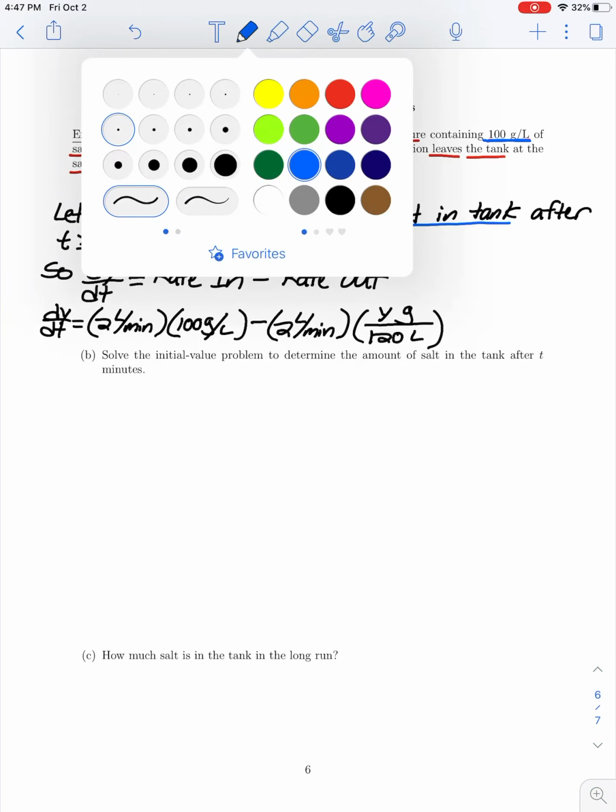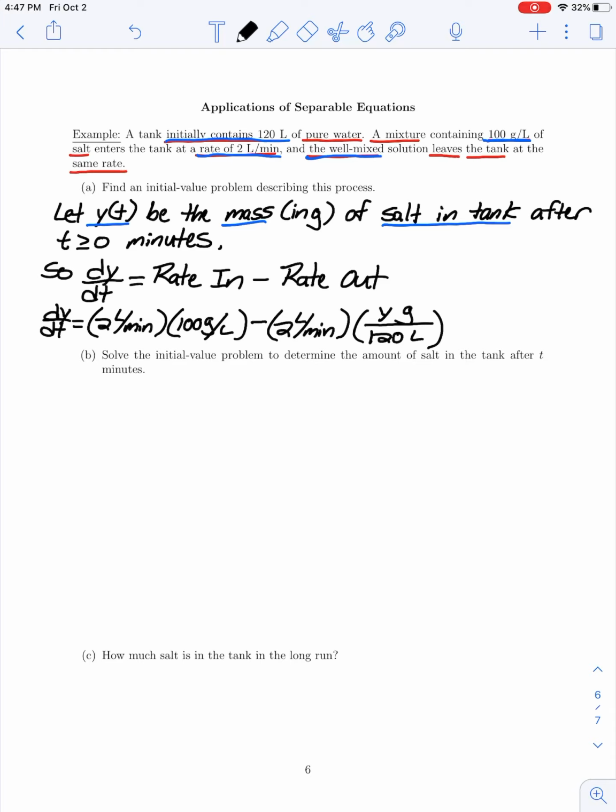So simplifying a little bit, we would have 200 minus 2y over 120, or y over 60, in units of grams per minute for salt coming into this tank.